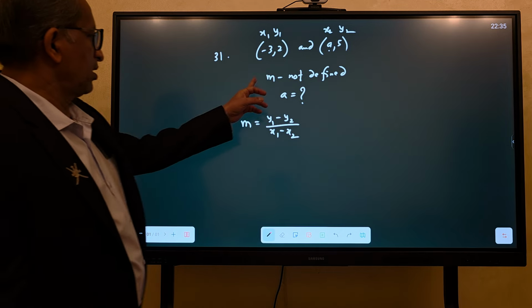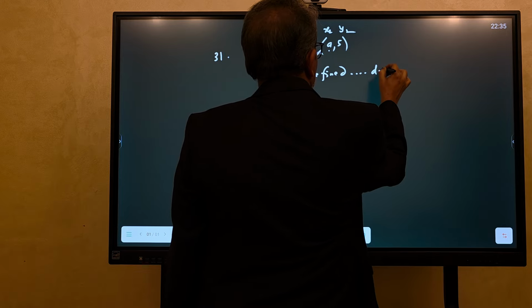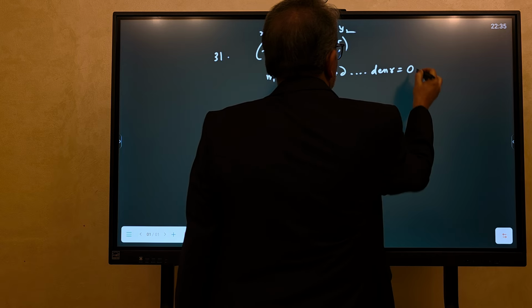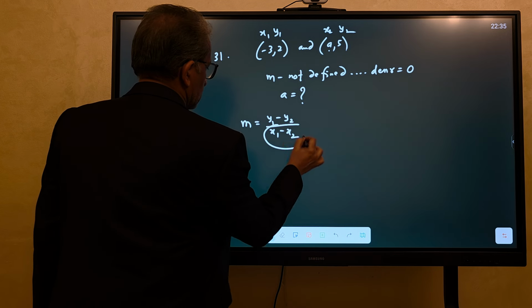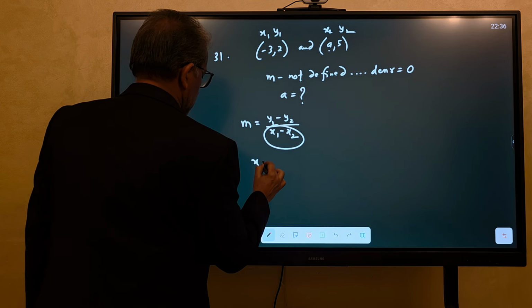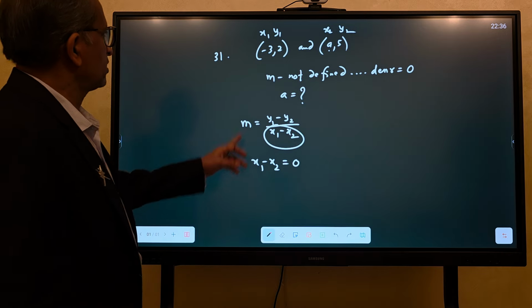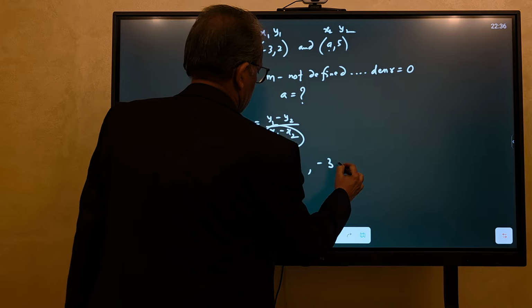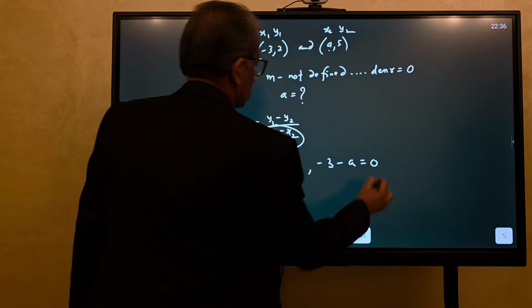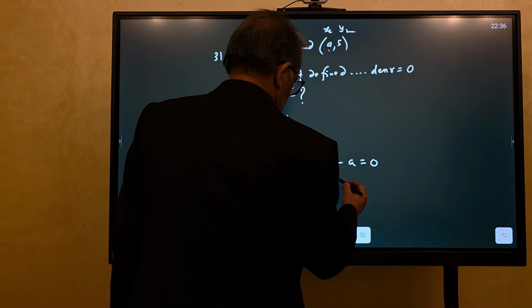When I say m is not defined, you know that the denominator is 0. So what is your denominator here? x1 minus x2 is 0. So what is x1? Put it here: minus 3 minus a equals 0.